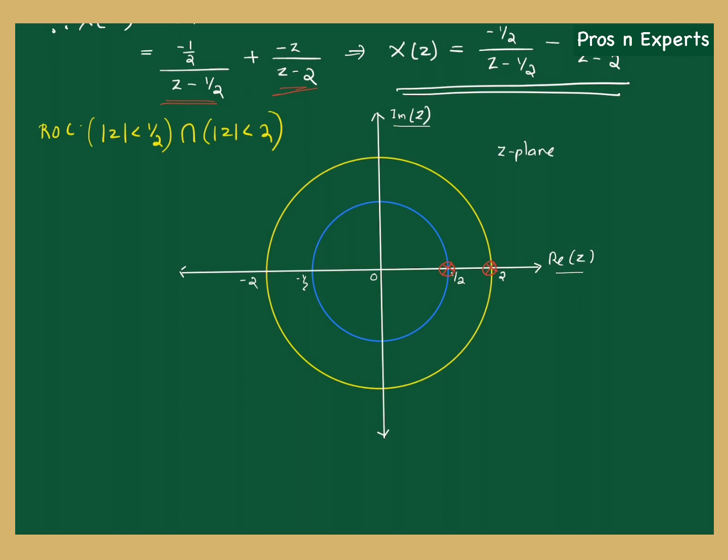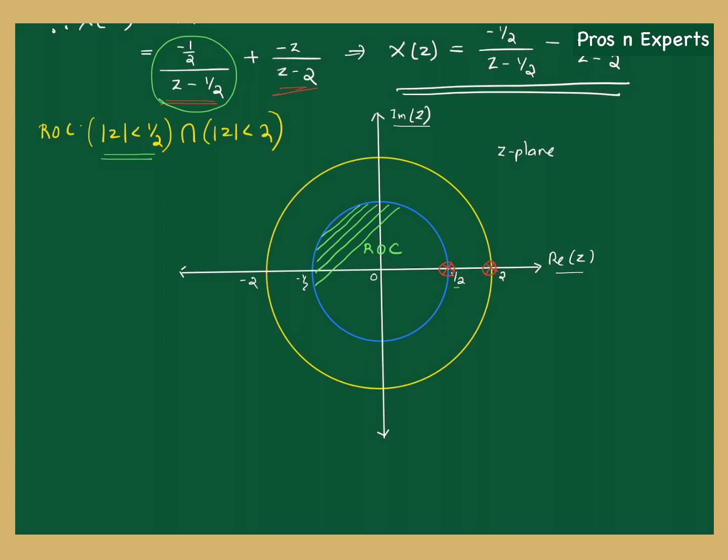Our first ROC is mod z less than half. How will mod z less than half appear? Because the signal corresponding to this term is left sided, we have got the ROC as mod z less than half. This ROC is the portion that covers the circle inner to the pole, right?